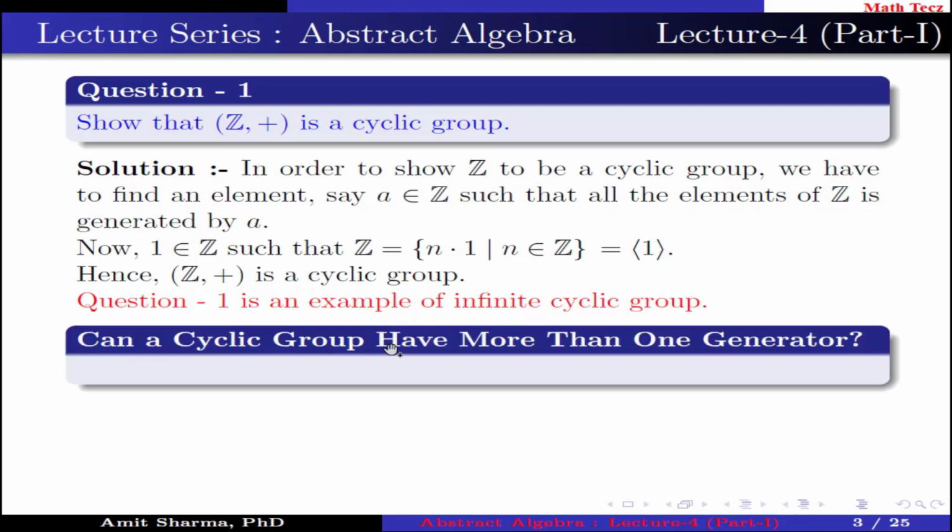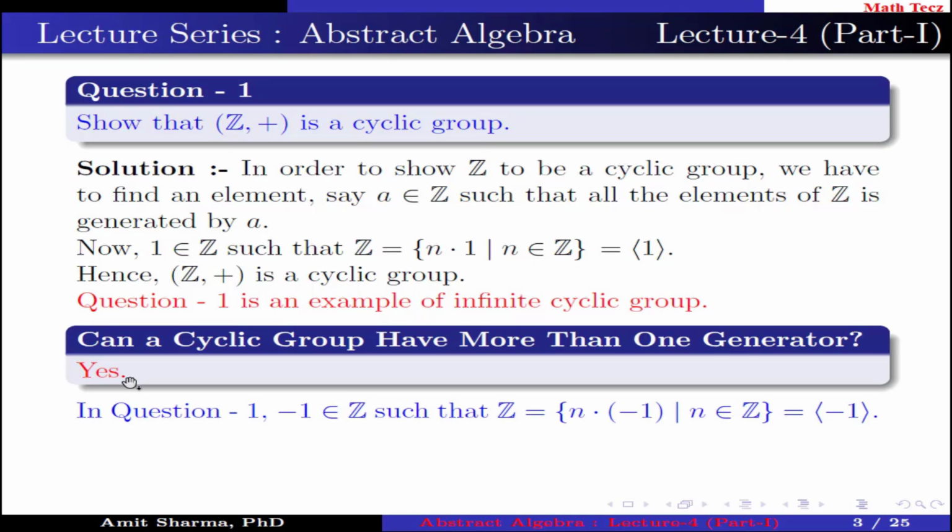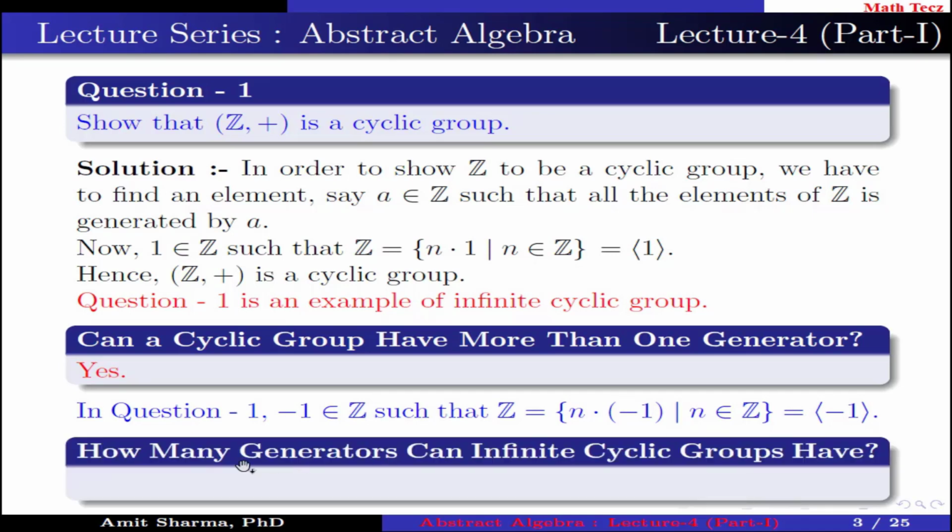Can a cyclic group have more than one generator? Answer is yes. In question 1, minus 1 also belongs to Z such that Z is equal to n into minus 1 such that n belongs to Z, means it is also generated by minus 1. How many generators can an infinite cyclic group have?